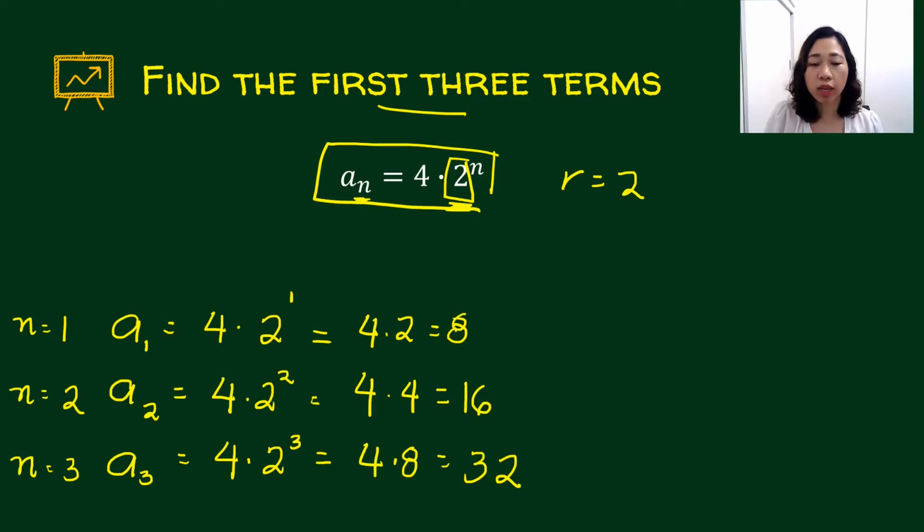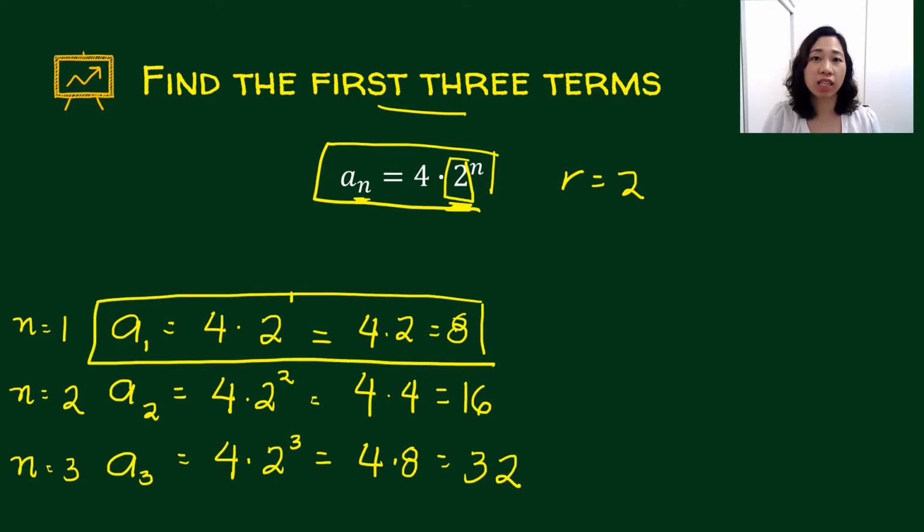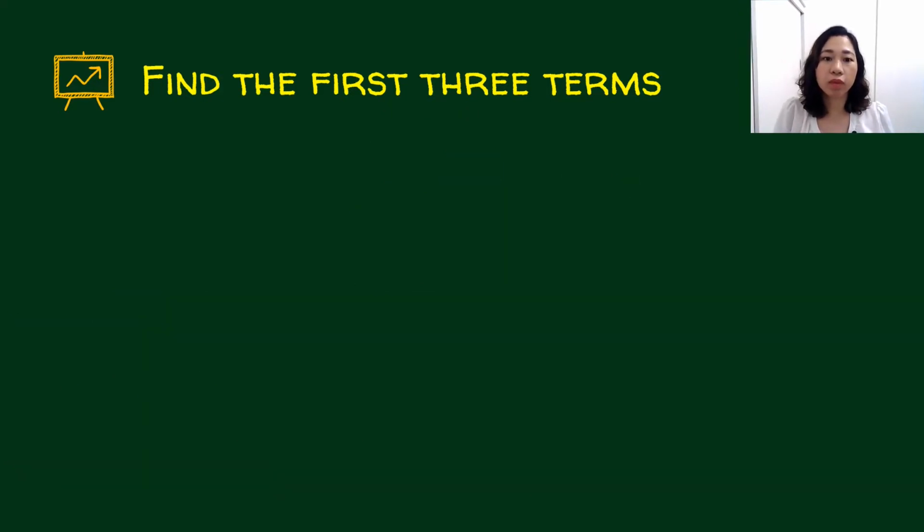So once I am finished with my a sub 1, which is easy to compute because n is equal to 1, I already know that my first term, my a sub 1, is 8, and from this box over here, my common ratio is 2. So that's why I know that the next term will be times 2, times 2. So that's why I have 16, and then 16 times 2 is 32. Understand? So let's do that for this next example.